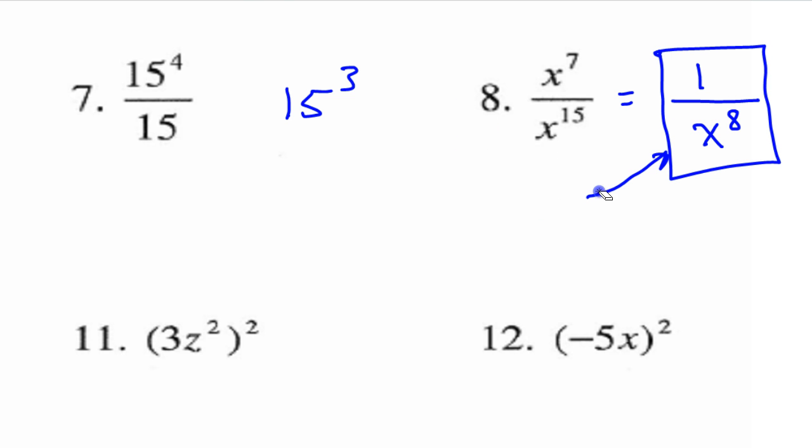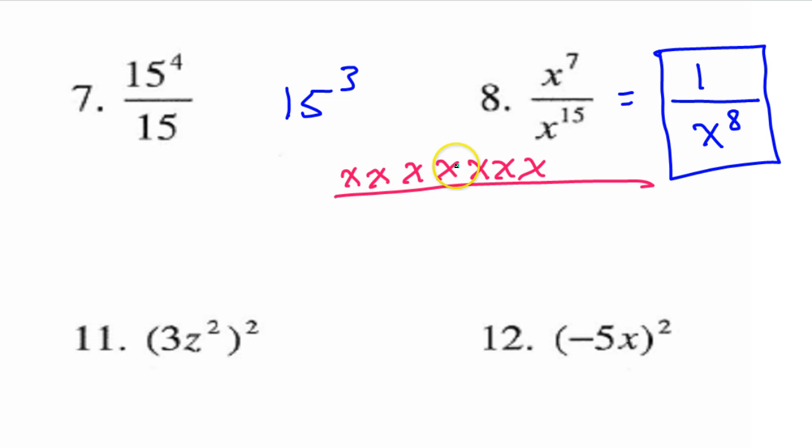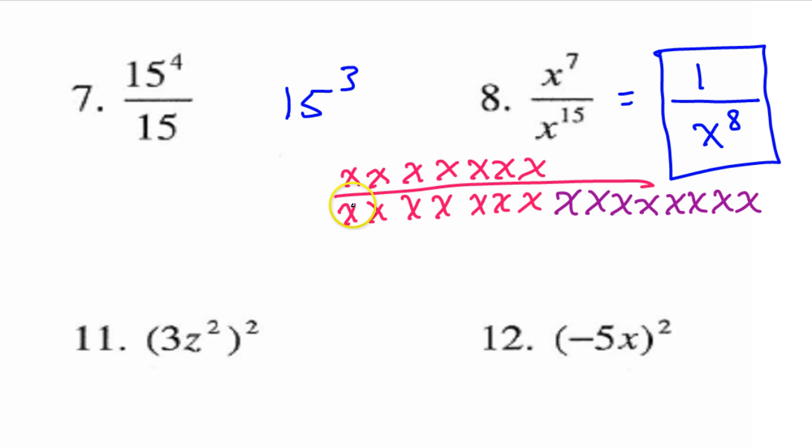And once again, what's really going on behind the scenes is, alright, x to the 7th power, there's your 7 x's. And here are 15 x's, x to the 15th power. Now, I conveniently changed colors here because 15, you could think of it as 7 and 8.